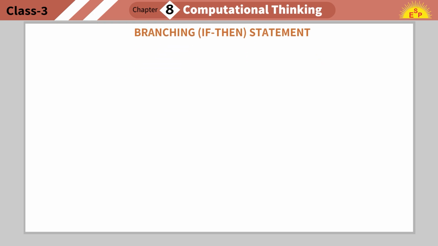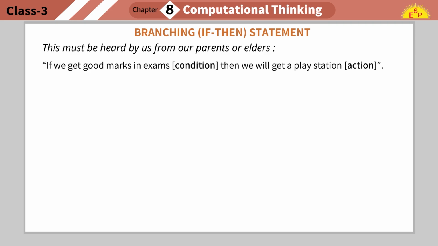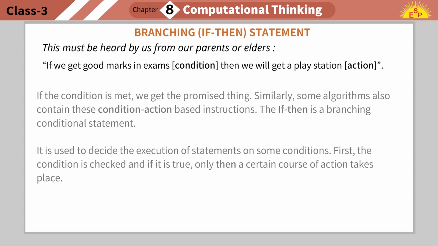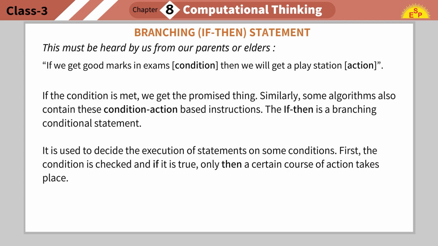Branching if-then statement. This must have been heard by us from our parents or elders: if we get good marks in exams, then we will get a PlayStation. Action. If the condition is met, we get the promised thing. Similarly, some algorithms also contain these condition-action-based instructions.